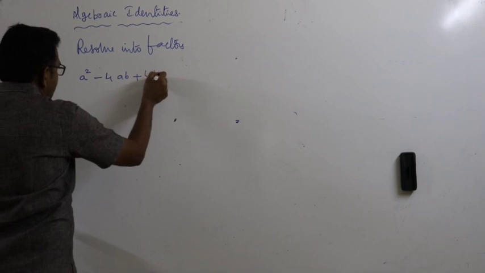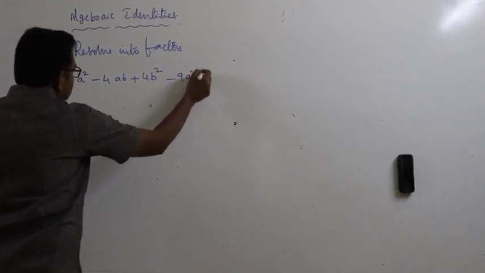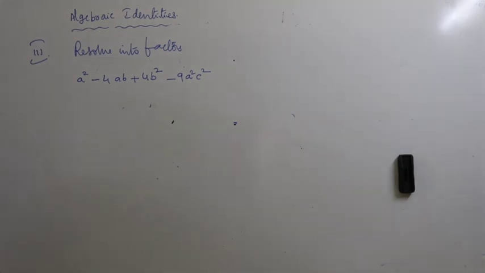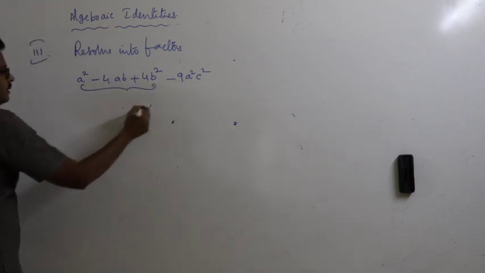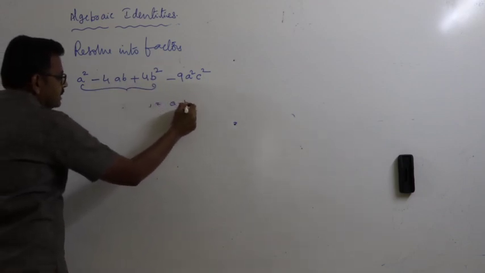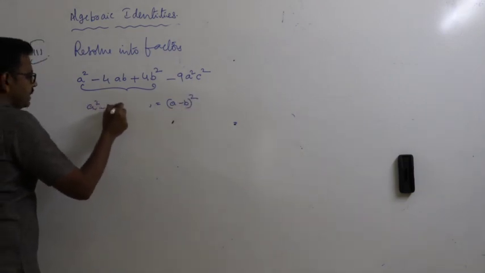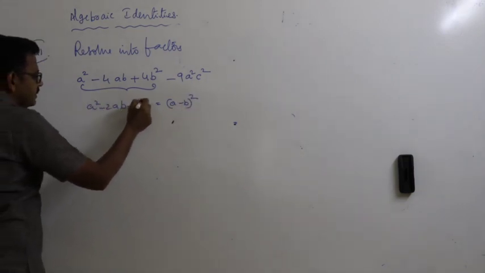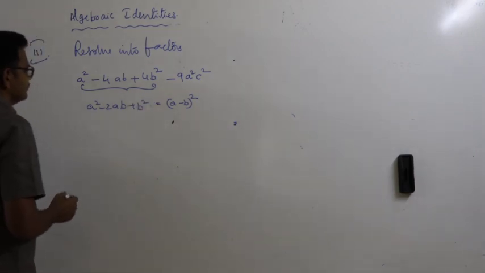Plus 4b square minus 9a square c square. You see this? This is the a minus b whole square formula. A square minus 2ab plus b square plus b square.